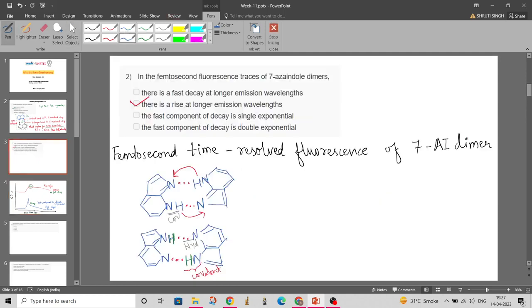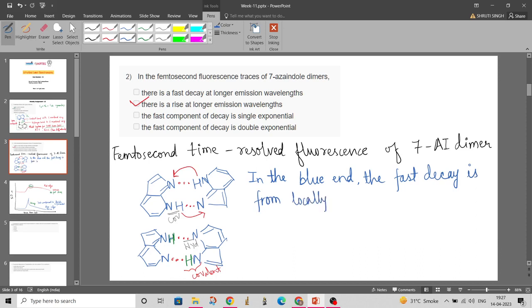Okay, so in the blue end, the fast decay is from the locally excited state. I'll write it in short, LS.